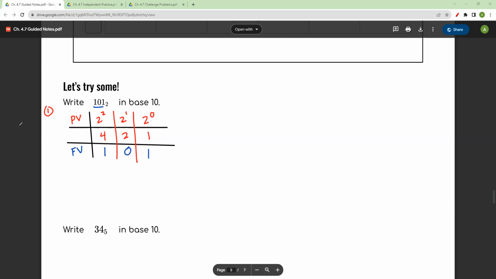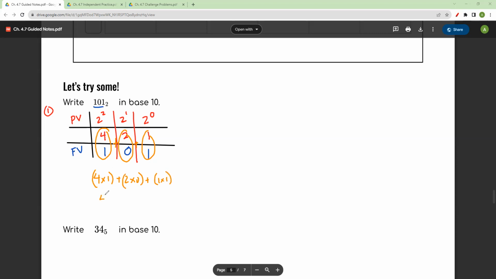Then step 3 is to write that numeral in expanded form, just like we did before. So we're going to be multiplying these two numbers together and adding them. So 4 times 1 plus 2 times 0 plus 1 times 1.